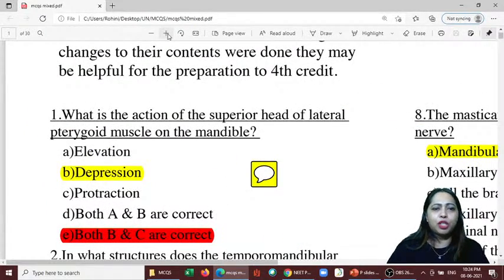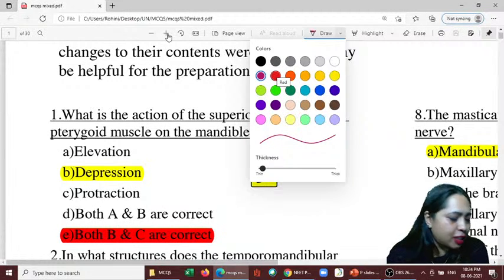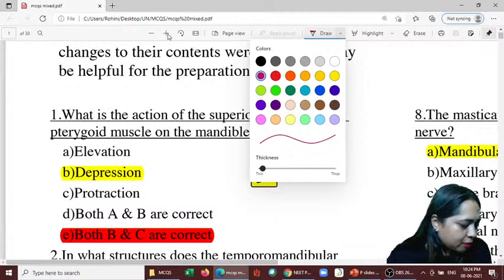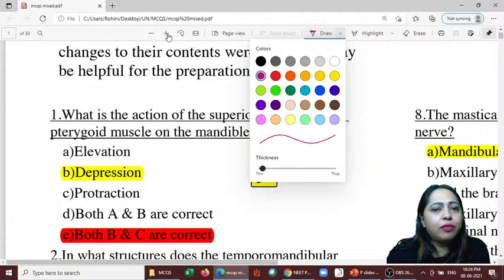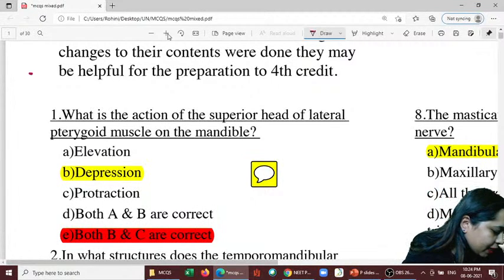We'll start with the first one. I'll pick some color that is different from what we have on the screen. And we will justify the answers. In fact, more than identifying or guessing the answer, you have to agree with me and we shall justify why this is the answer, right? Okay, let's see.